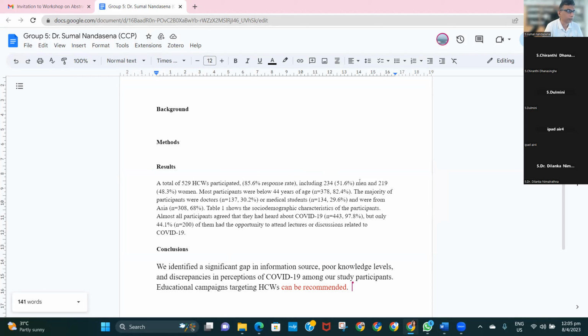So this male and female composition and age, is it necessary? I mean, they are mostly targeting the healthcare worker category, the doctors and other paramedical people. How is the composition like that? Can we omit the male, female, and age compositions here?